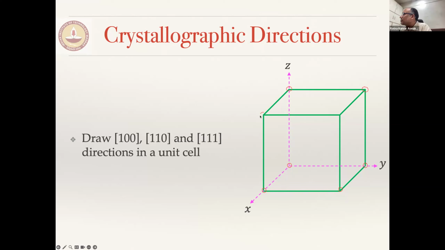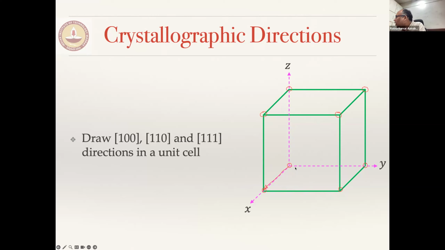Let us say this is a simple cubic system. Forget about everything else. So there are 8 atoms. Now, let me look at 2 directions. Let me draw one direction, that is 1, 0, 0. Correct?